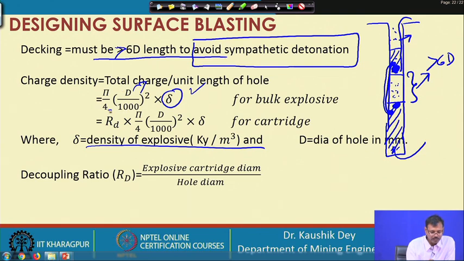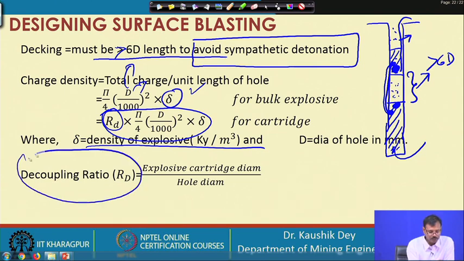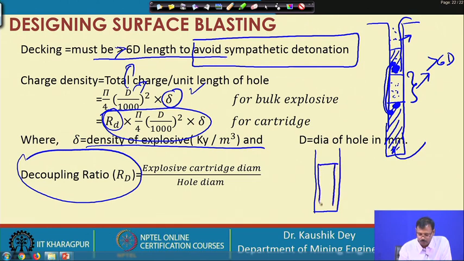If we are using a cartridge charge, as d is the hole dia, then R d is basically the decoupling ratio, which is nothing but the ratio of the cartridge dia and the hole dia. So, suppose we are using a cartridge explosive like this.